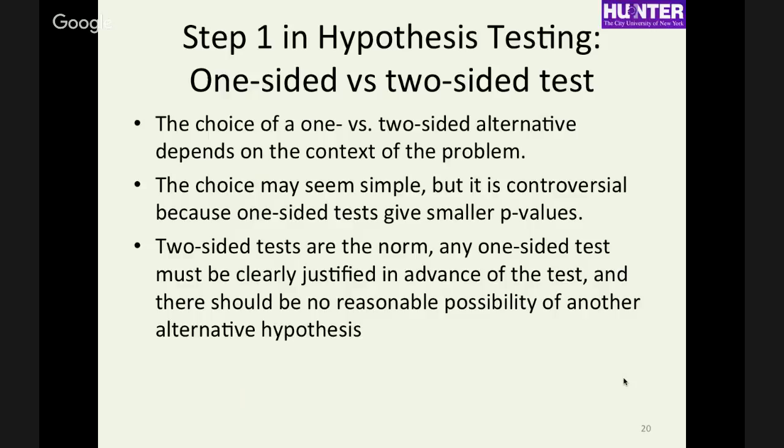So there should be no reasonable possibility of the other inequality happening, or it's just because the objective of your study is to show, for example, that a treatment is not worse than the control group. So it just has to be very well justified in advance of doing your study.